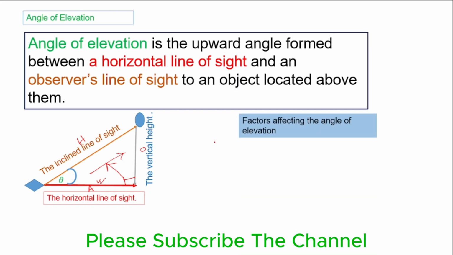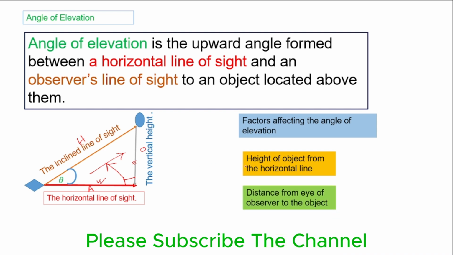Now, factors affecting the angle of elevation. Here, see that if we increase the height of the object from the horizontal line, that means this line, then the angle becomes bigger.